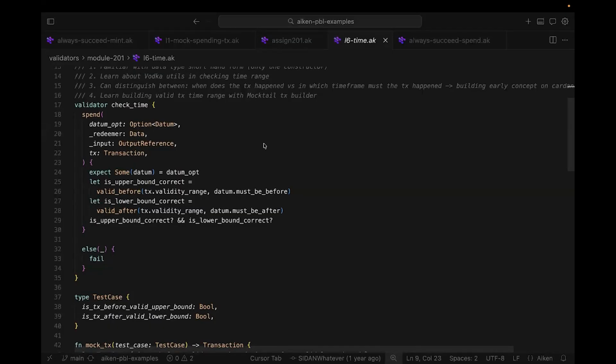We're looking if it's after, right? It doesn't matter. We can pick one. For now, let's say valid after. So let's say we use one of them, then it will be able to verify for us if we've exceeded the deadline or not.